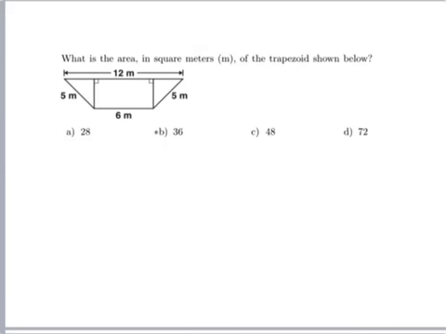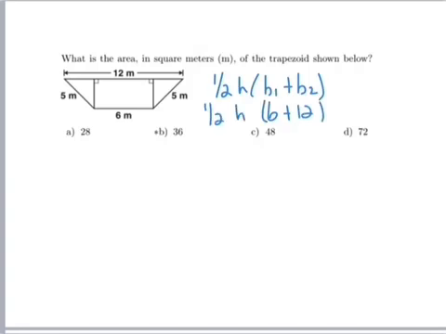All right, in the next problem, we're looking for the area of a trapezoid. Well, we know our formula for the area of a trapezoid is 1/2 h (B1 plus B2). We know our bases are 6 and 12, but we don't know our height. So we're going to need to solve that. So I'm going to pull off this little triangle on the corner where that's a 5.